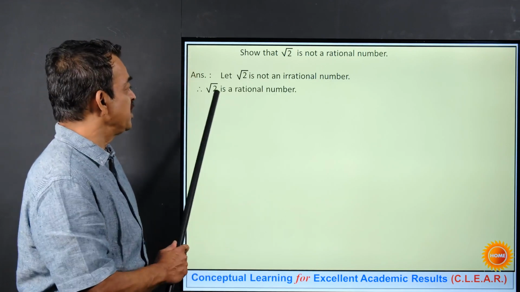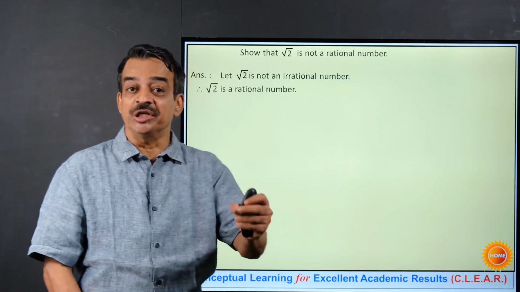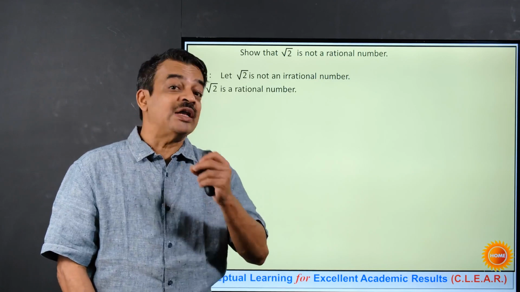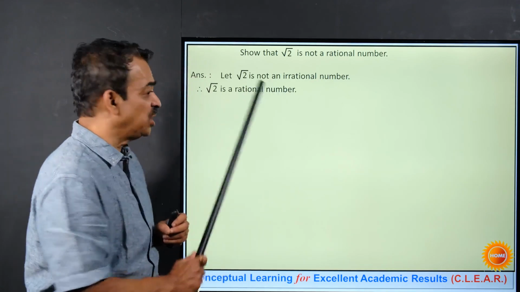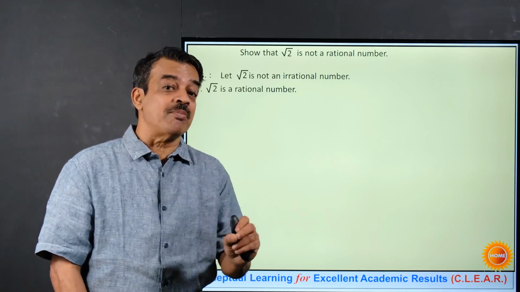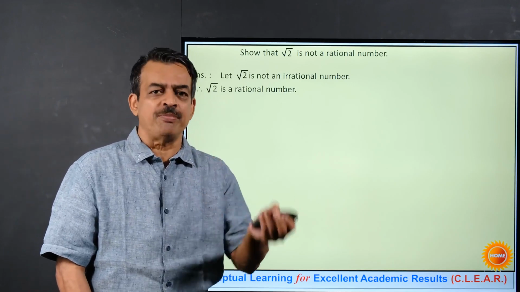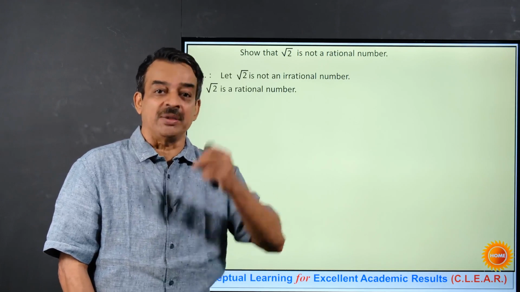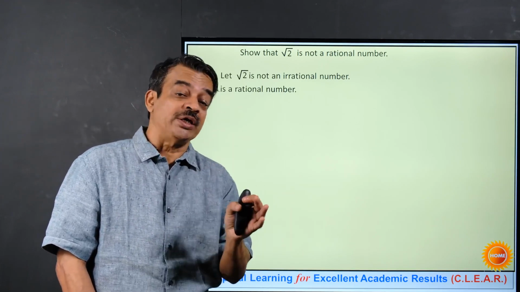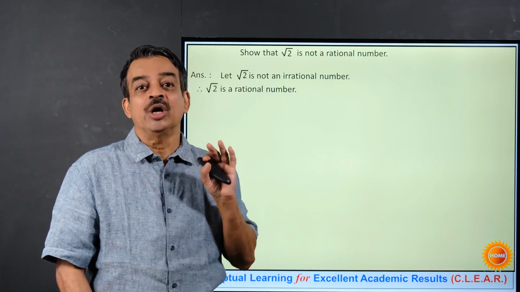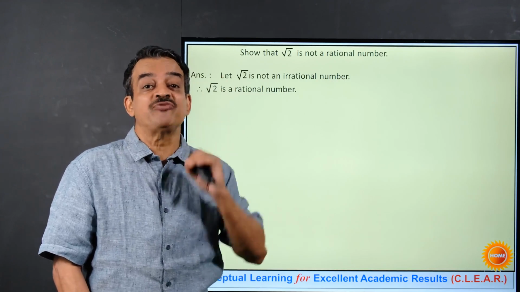So I will say root 2 is a rational number. Now you have already gone through one very important concept of rational number. That is, it is the number which we can write or represent in the form of a by b, you can say p by q, where your denominator is not equal to 0 and it is in the simplest form.